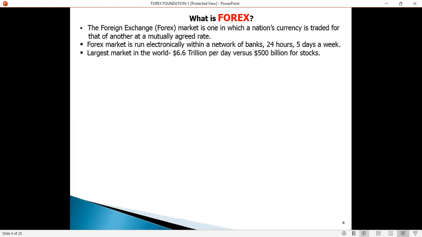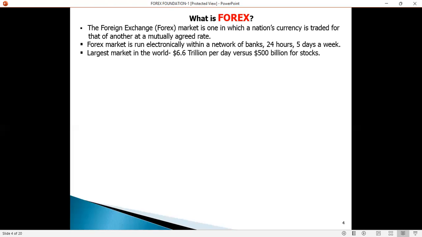And this is where you really want to start investing your money, guys. Because $6.6 trillion per day is even more than a lot of countries' yearly budget. So this is the largest market in the world so far, and it is growing day by day. Four or five years ago, it was 3.6 trillion, but today it's over 6.6 trillion.